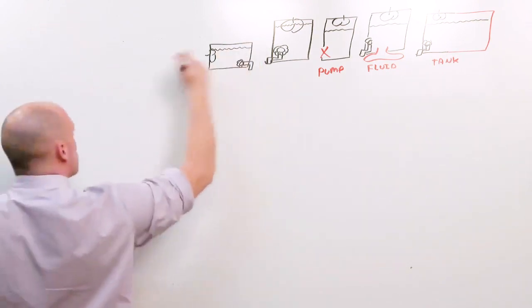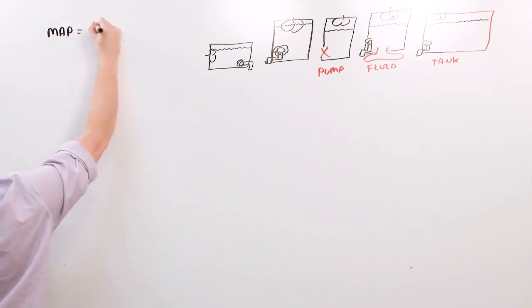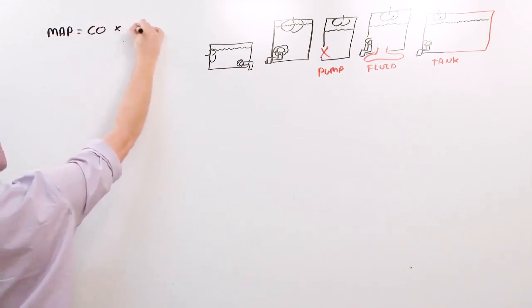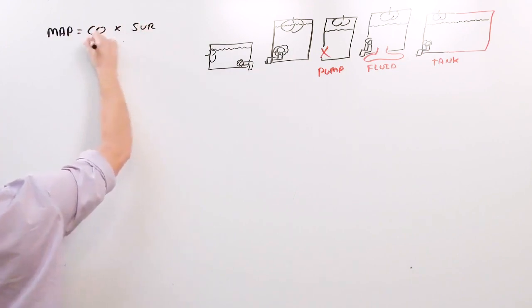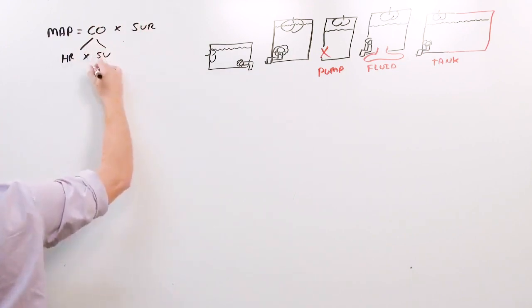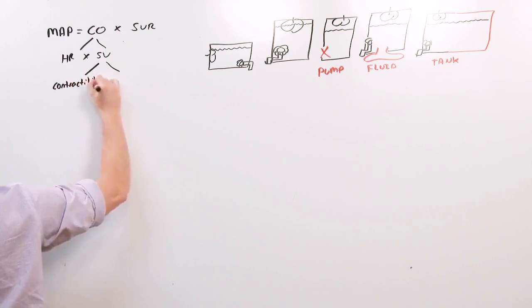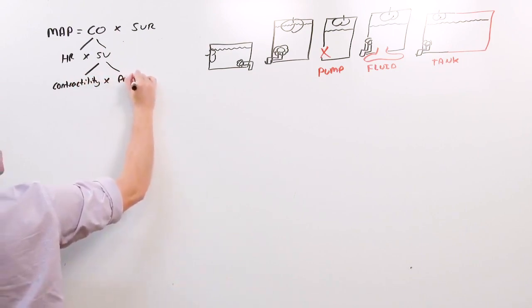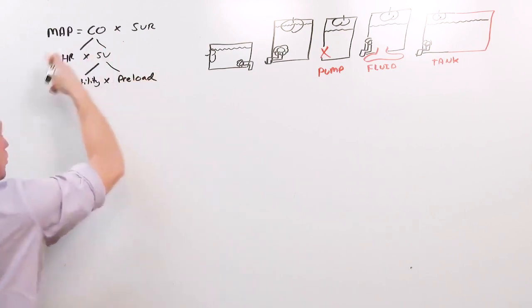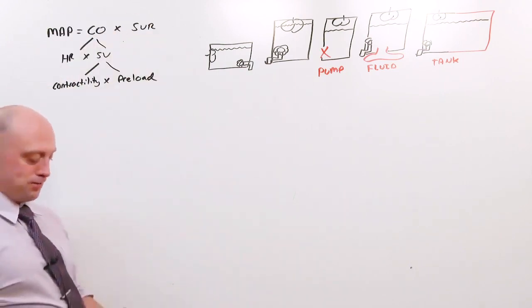It's all about perfusing the brain. So the mean arterial blood pressure is going to be equal to the cardiac output times the systemic vascular resistance. Cardiac output is a product of heart rate and stroke volume. Stroke volume is a product of contractility and preload. We can go around this equation and see how it links up to our tank method.